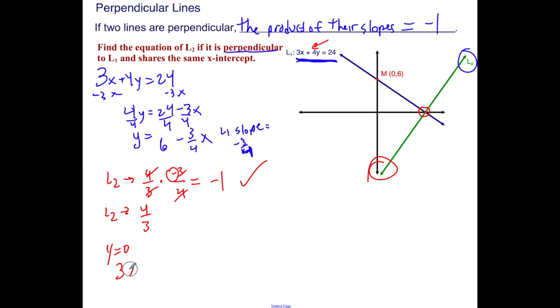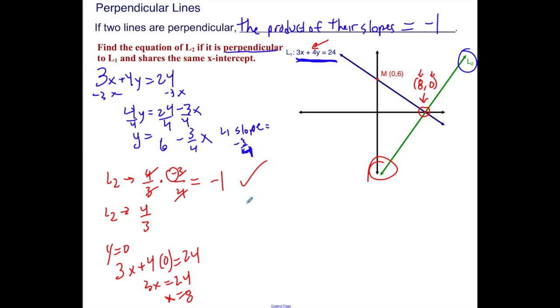So 3x plus 4 times 0 equals 24, which means that we have 3x equals 24. X must equal 8. So at this x-intercept here, the coordinates should be 8, 0, because y is 0, and we got 8 for x. So now we know that point on L2. So now we can find c for L2, the y-intercept.